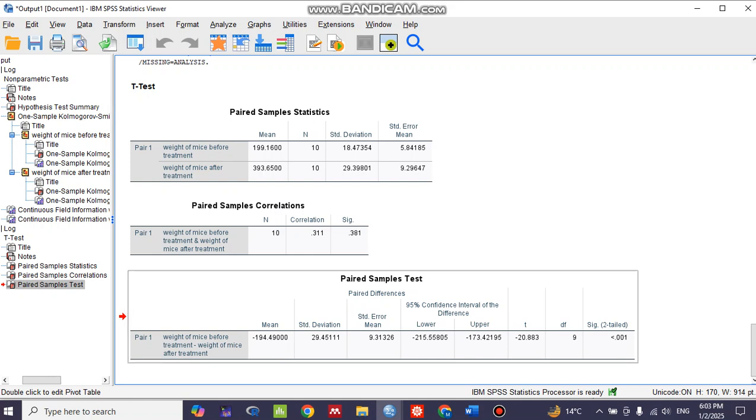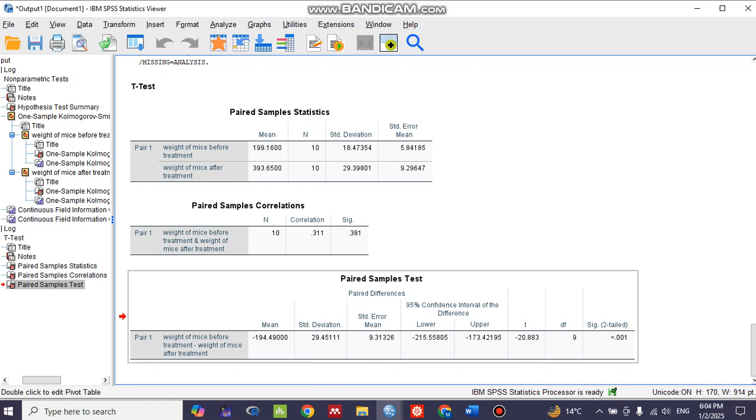And another thing is that difference. So if we are taking the sample in such a way that before observations are taken first and after are taken second, then they are taking the difference before minus after. So if the answer is negative, that means there is an increase in the weight.